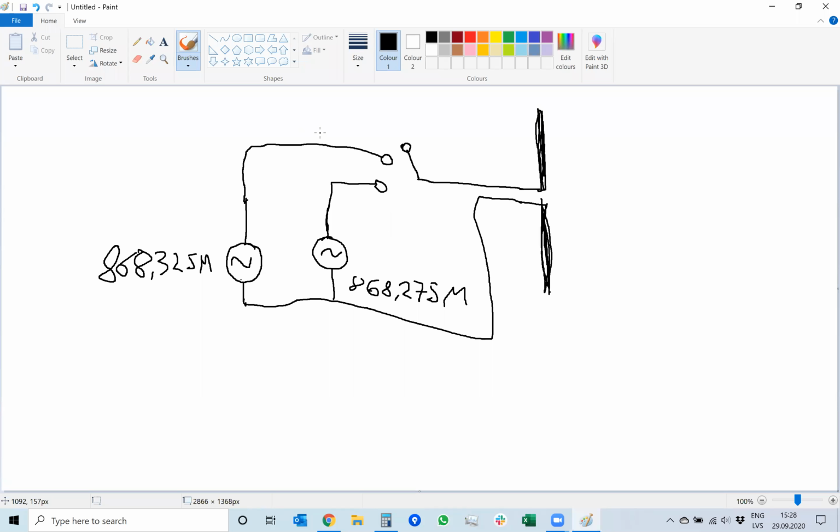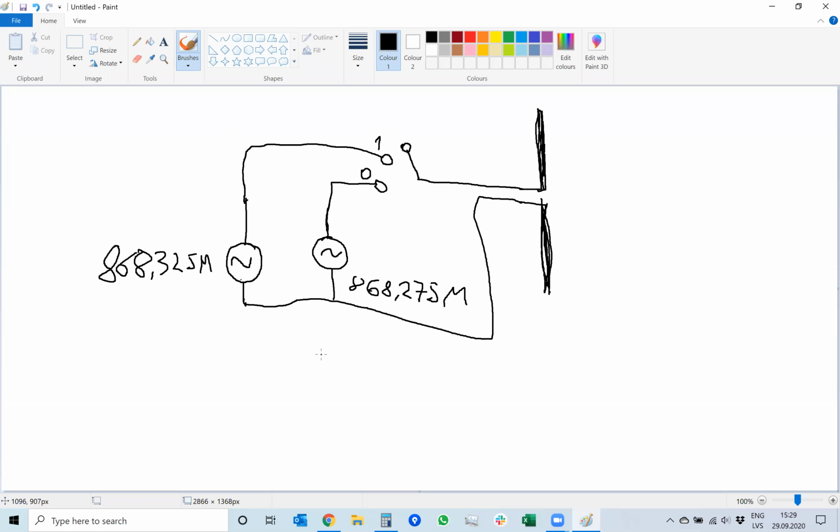So again, instead of this switch, you can put a circuit with transistors or relays if you want to, and you can just switch between off, which is no signal, no information being sent, and then switching between sending ones and sending zeros. With a simple switch, you can do it by hand, or you can program an Arduino microcontroller to do it.